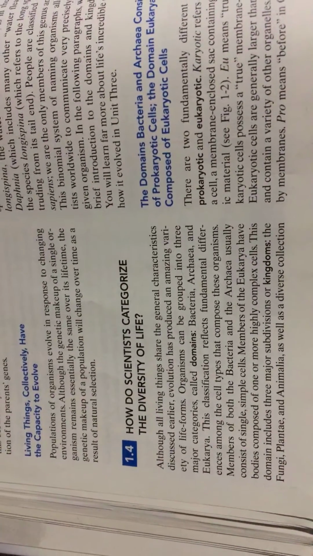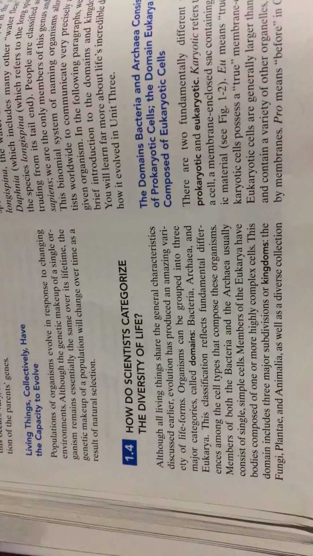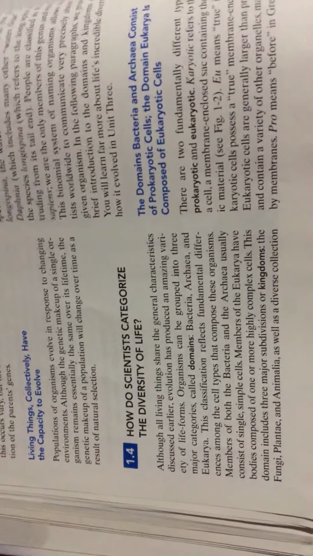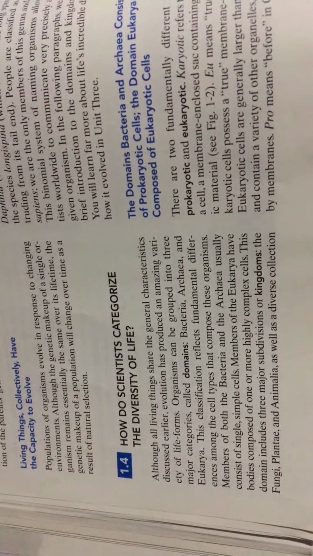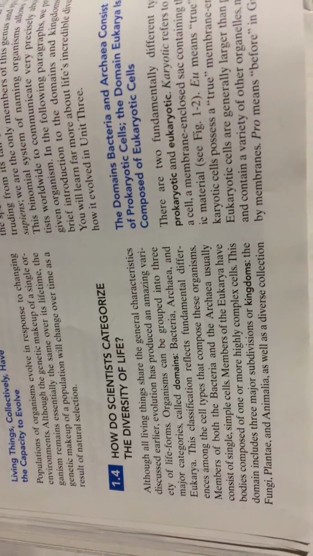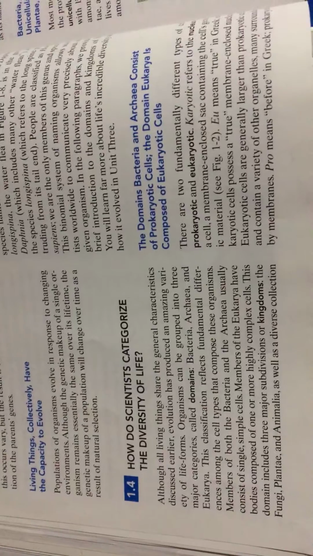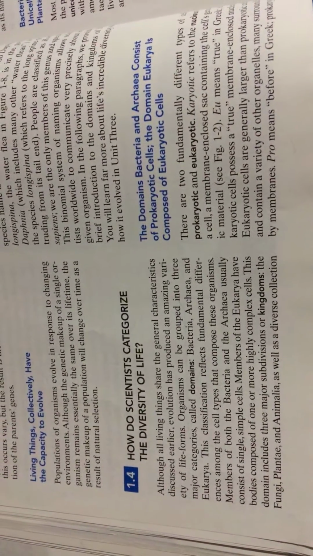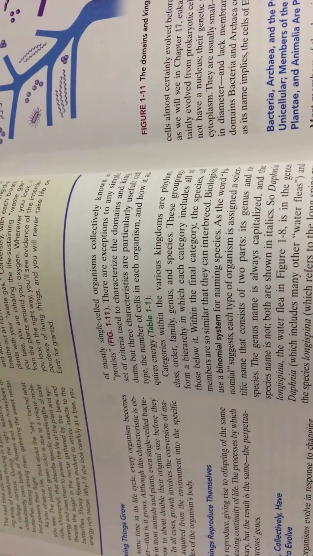Bacteria and archaea are usually just single simple cells, and the eukarya group have bodies composed of more complex cells, which would be multicellular beings. And then this domain, the eukarya domain, has subdivisions: fungi, plants, animals, as well as diverse, mostly single-celled organisms known as protists.